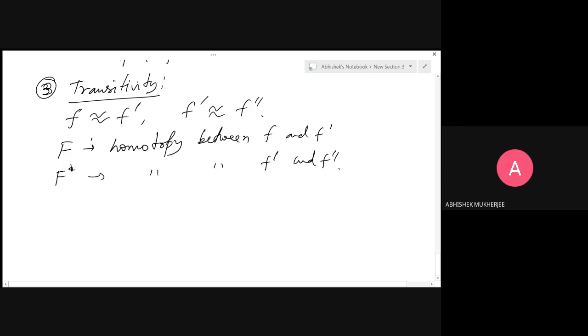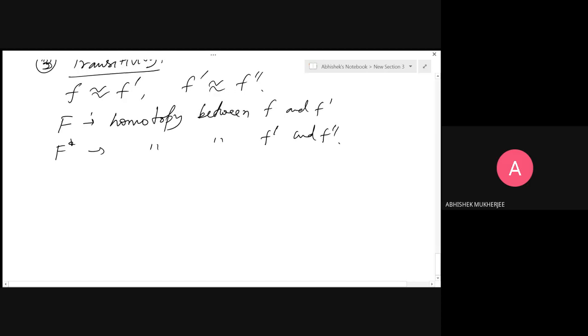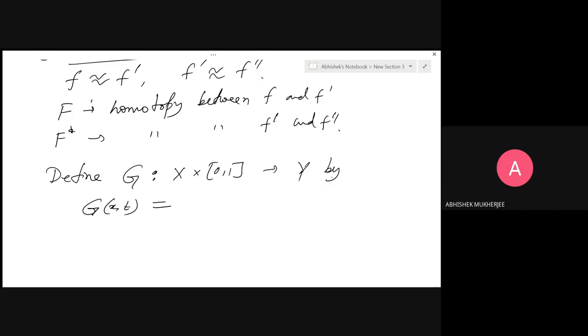For this reason, what we shall do is define a map G from X cross [0,1] to Y. We are dividing this interval into two parts, from 0 to half and from half to 1.